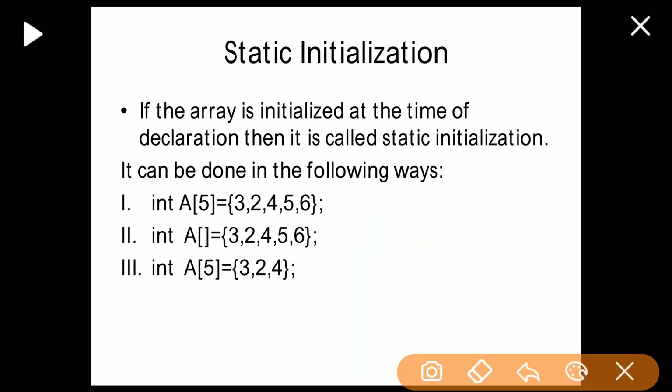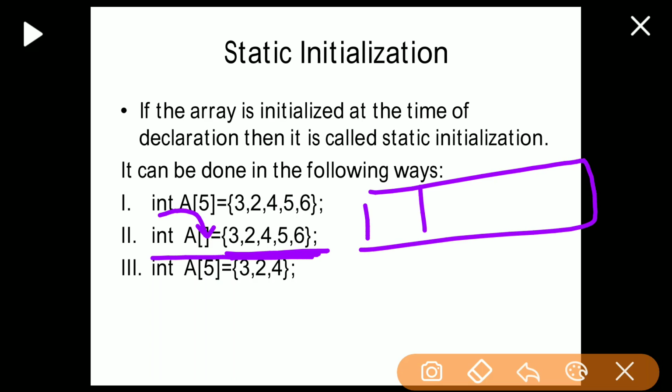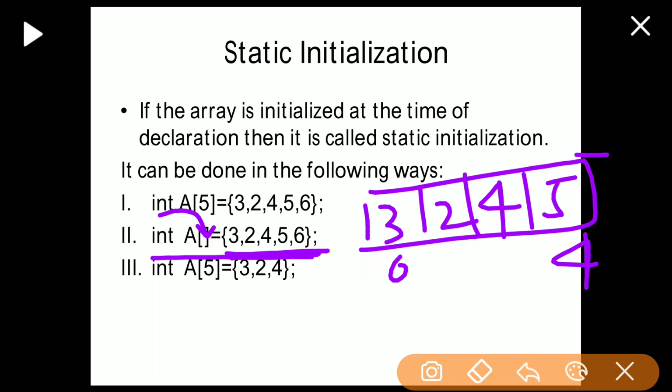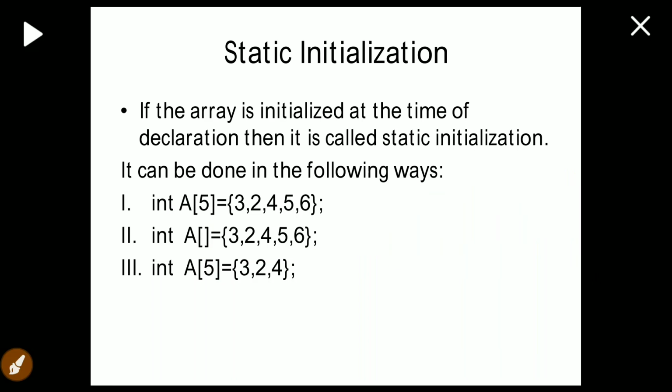The second one is that you can skip the size here. There are 5 values, so it will automatically calculate the size of this array, and it will have the same representation as earlier, with indexing from 0 to 4 and the values 3, 2, 4, 5 and 6.